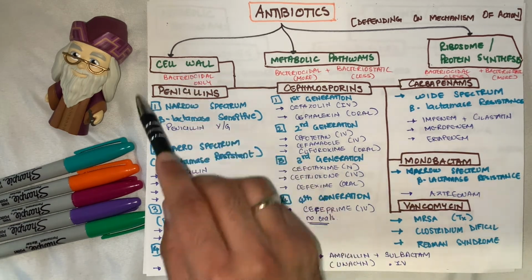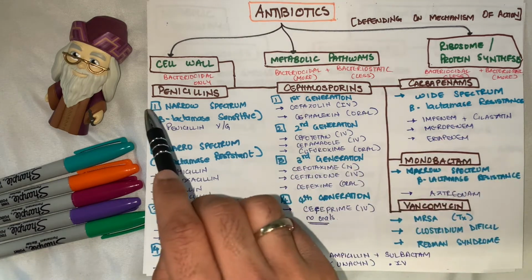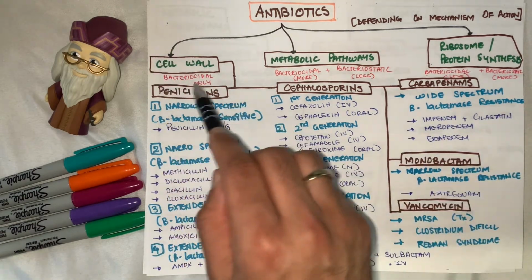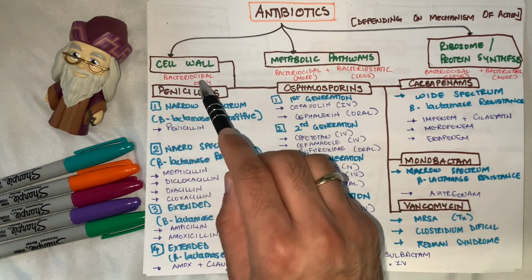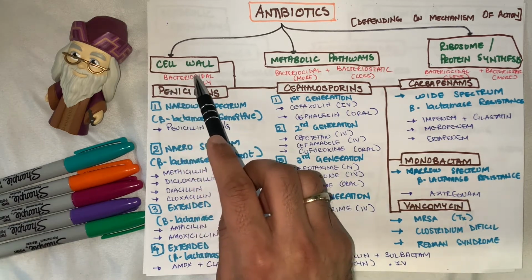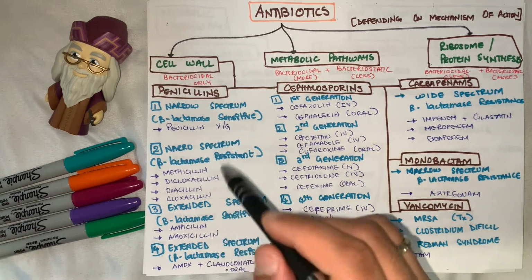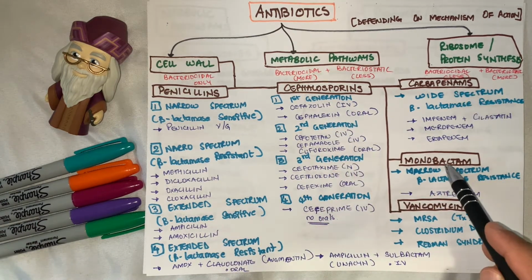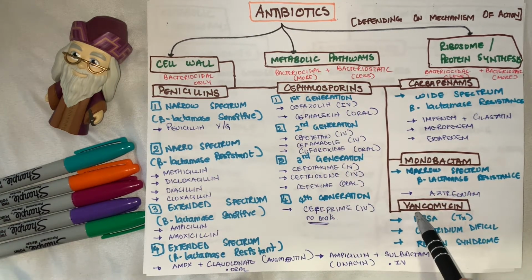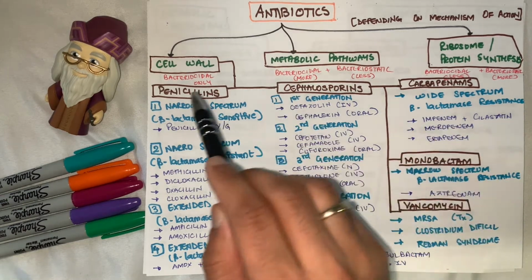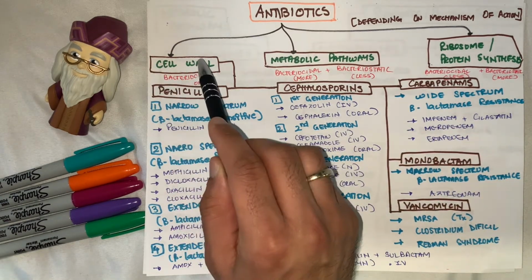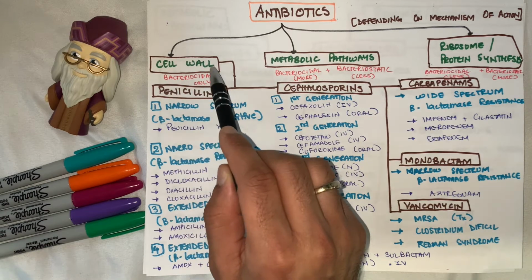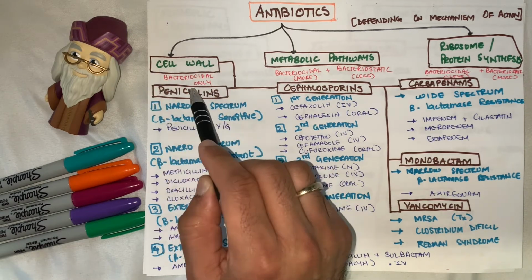So this page consists entirely of just cell wall bacterial drugs, and they're all bactericidal, which means that penicillins, cephalosporins, carbapenems, monobactams, and vancomycin are all groups of drugs that act on the cell wall and behave by killing the actual bacteria.